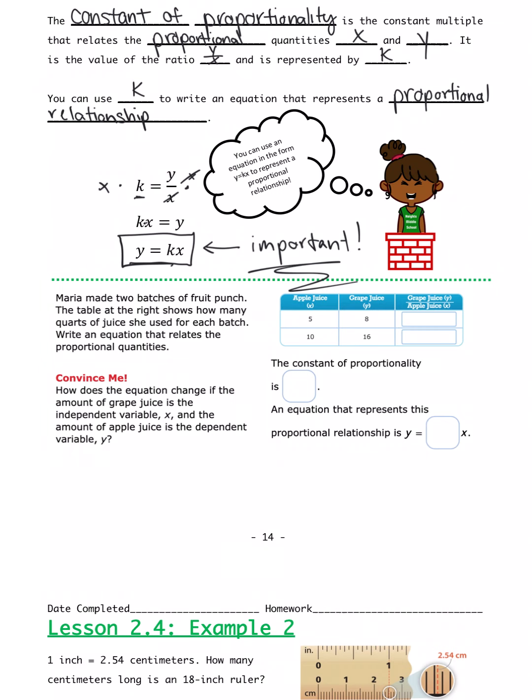She made 2 batches of fruit punch, and she used 5, it doesn't tell us what, we'll say quarts. 5 quarts of apple juice and 8 quarts of grape juice to make hers, which gives us a ratio of 8/5. Now over here, you have 10 quarts and 16, so we have a ratio of 16/10.